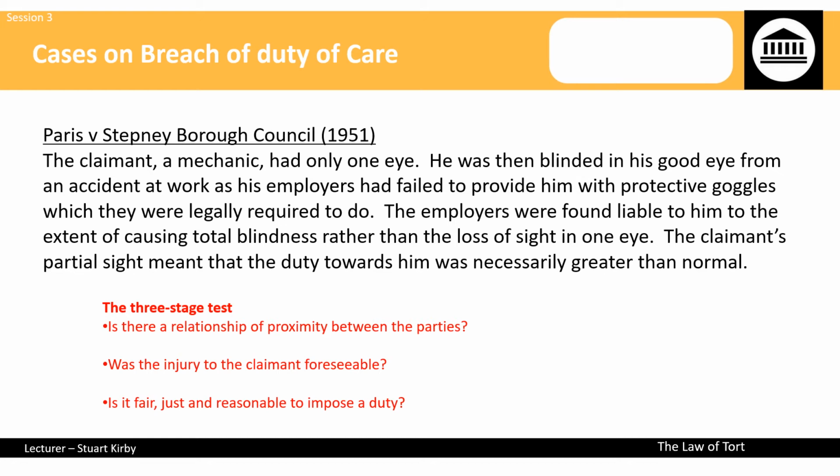And is it fair, just and reasonable to impose a duty, especially to this degree, because they're talking about complete loss of sight, blindness? Then it can be seen that the duty of care, as it says here, needs to be necessarily greater than normal because of the mechanic having an initial disability of having just one good eye.